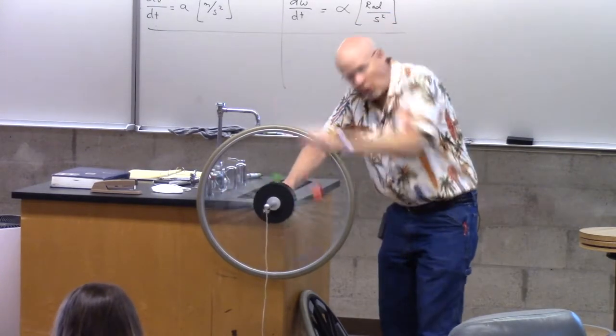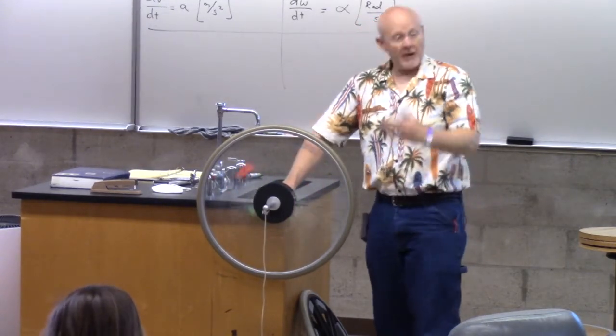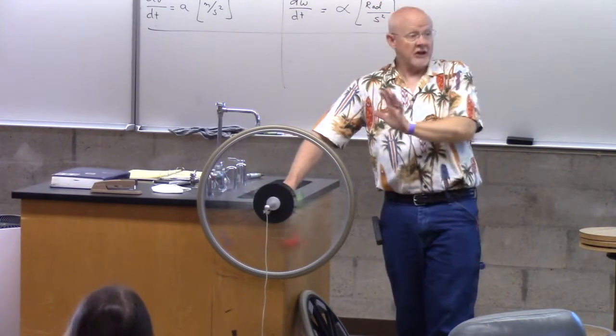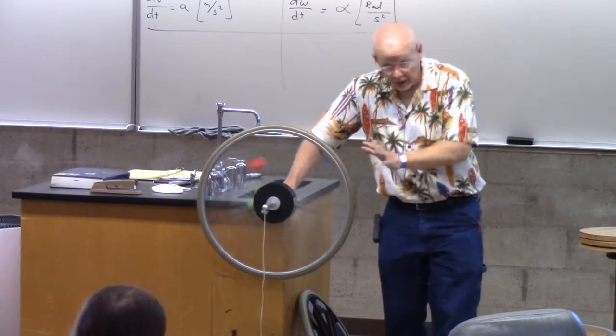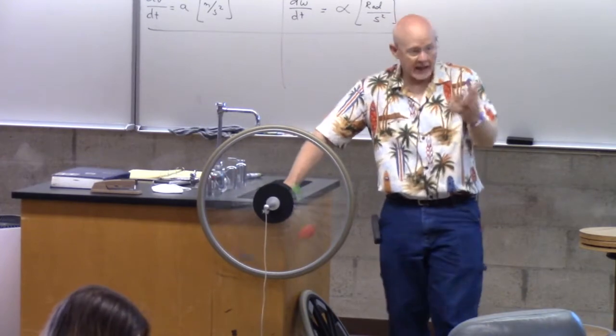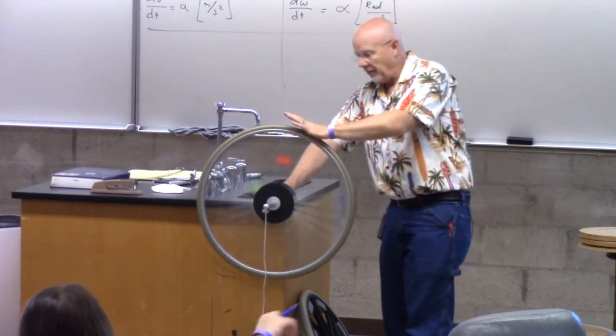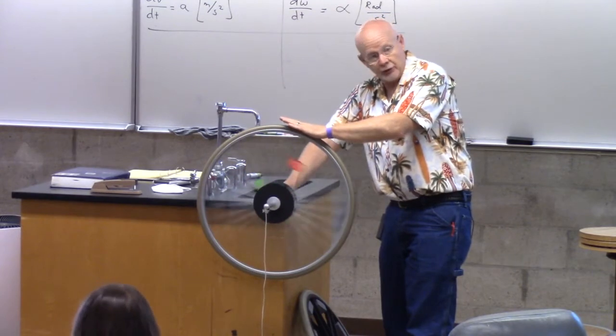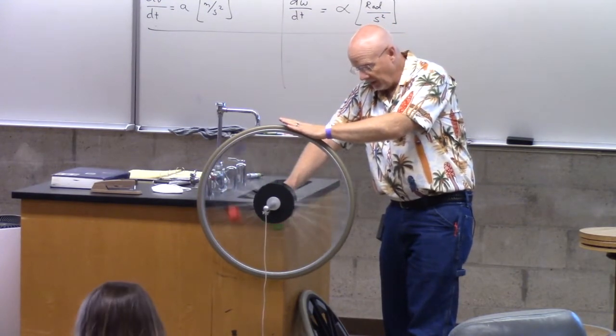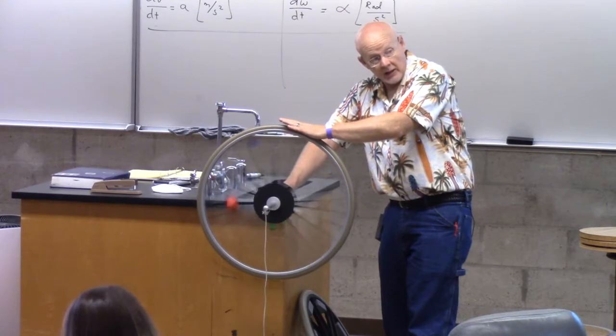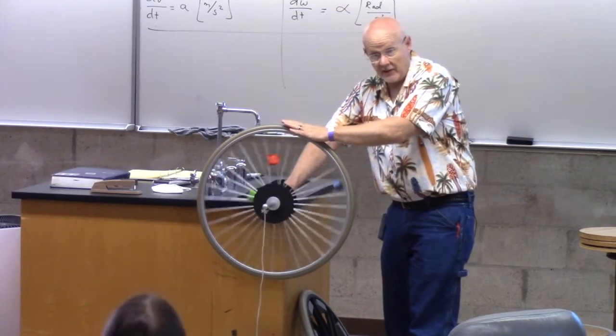So I apply a torque, and of course now I build it up to some speed. Now if I leave it alone, if I don't apply a torque, it just keeps rotating at a constant angular speed. But if I apply a torque, so now I'll do it with some friction, it'll slow down. Its angular speed slows down.